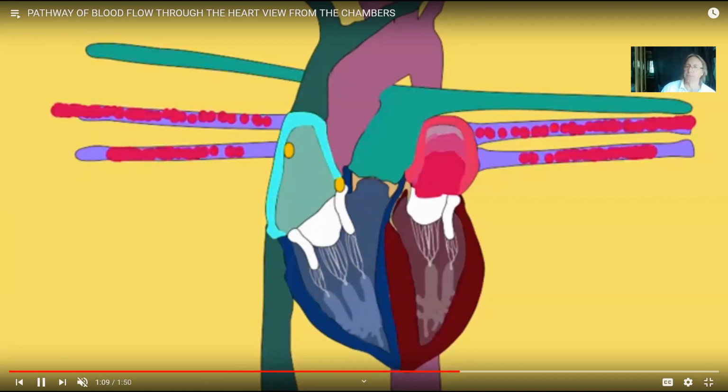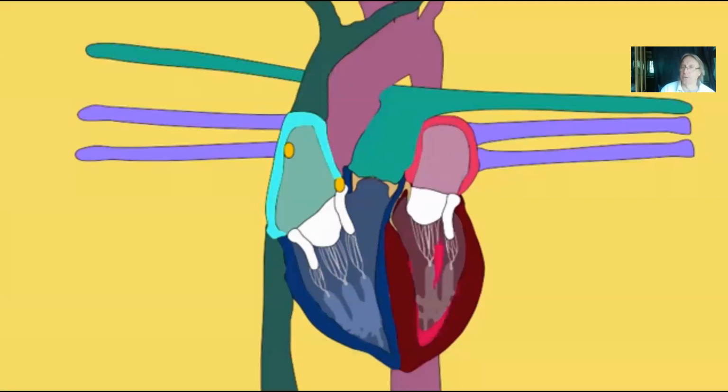The left atrium sends blood to the left ventricle, and then the left ventricle with its red oxygenated blood squeezes this, and as the blood shoots through the aorta, it can now go to the brain and back, the hand and back, the foot and back, the body systems, and deliver the red oxygenated blood that these cells need.